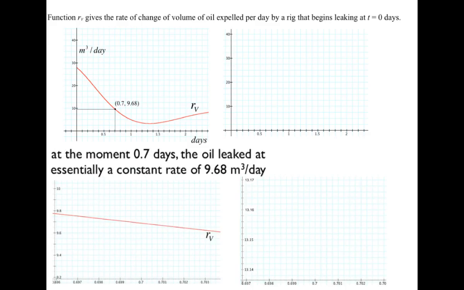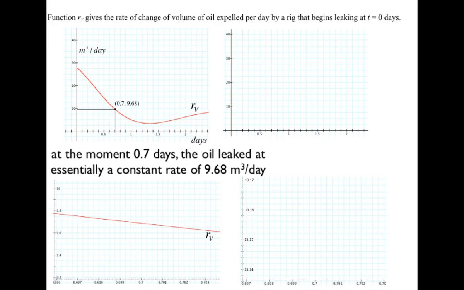So here is the actual rate graph for a moment around 0.7, from 0.697 to 0.703. Okay, so it's 0.006. That's the moment, and here's the actual rate graph.